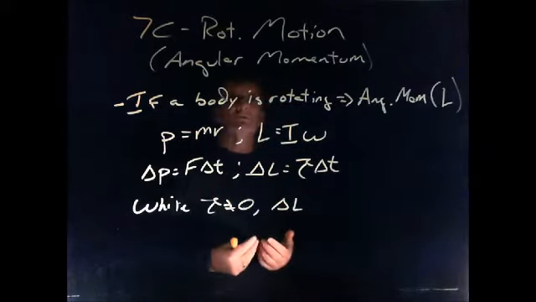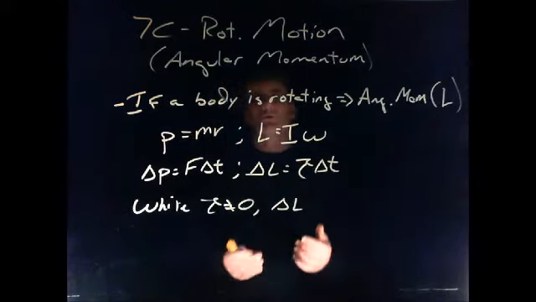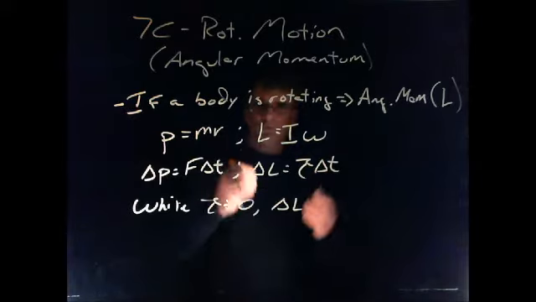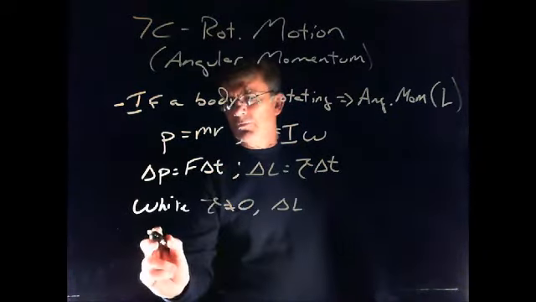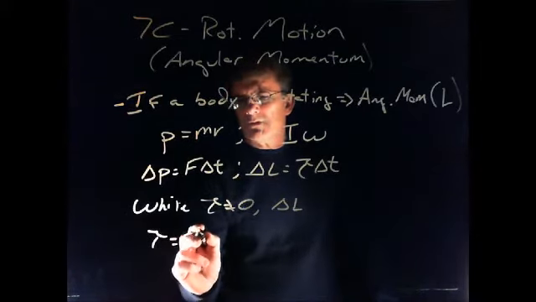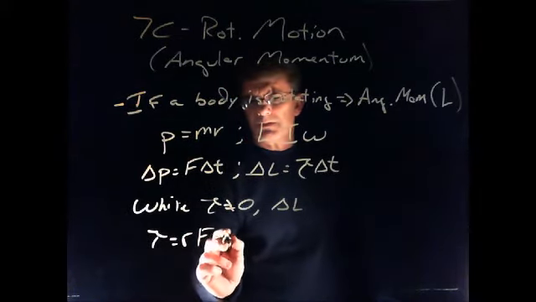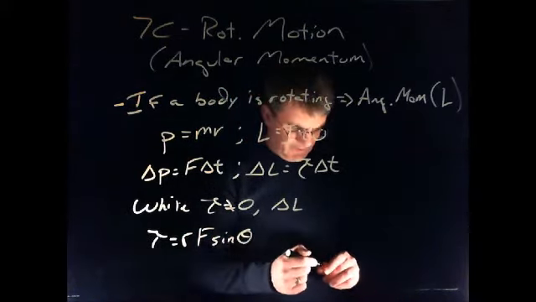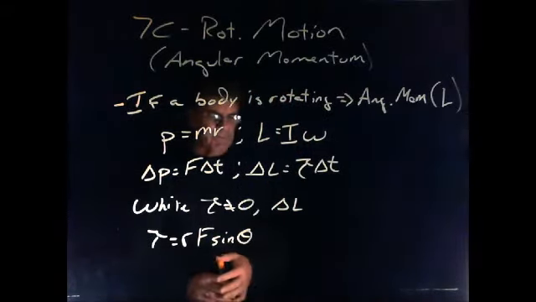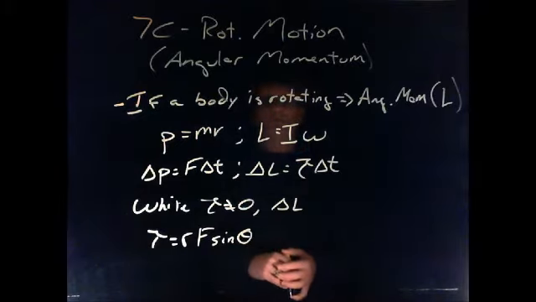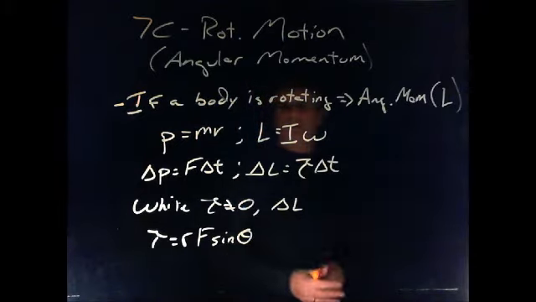Angular momentum is conserved if there's no external torques. Okay, that makes sense. Keep in mind that torque is rF sine theta. Sometimes that's kind of challenging for the kids to recognize. So then I break it down into this.